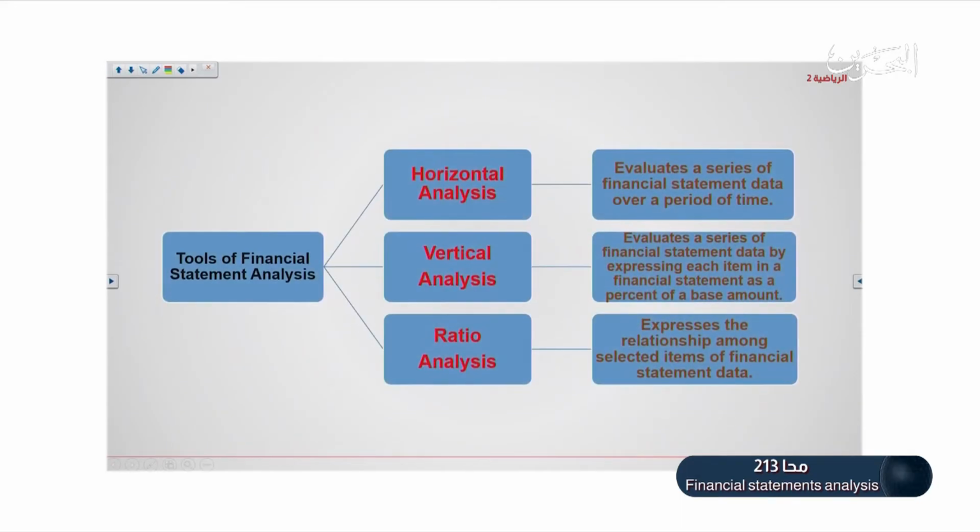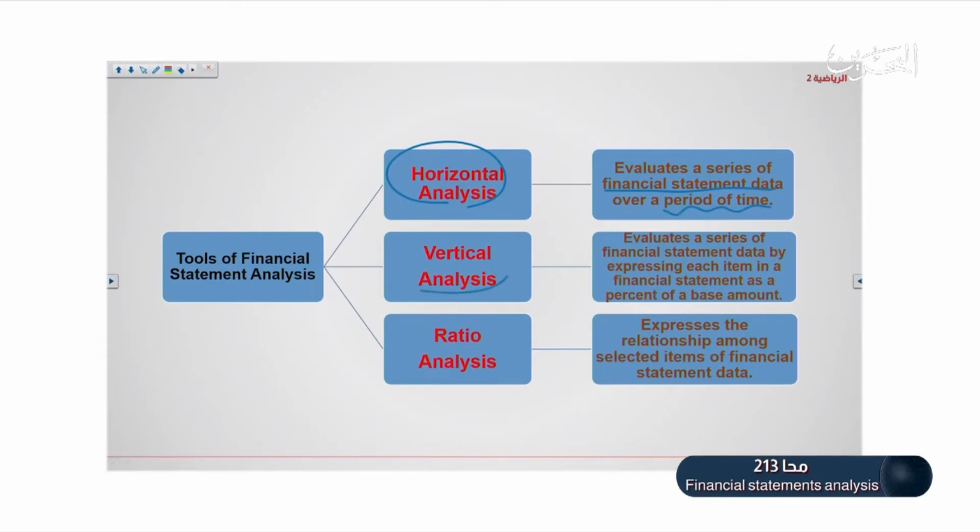Okay, the tools of financial statement analysis. For horizontal analysis, we can evaluate a series of financial statement data over a period of time.